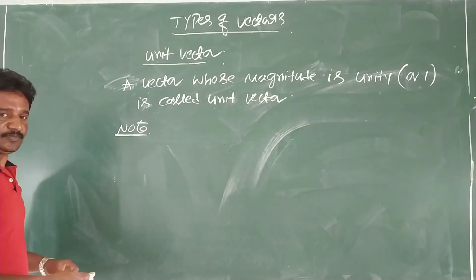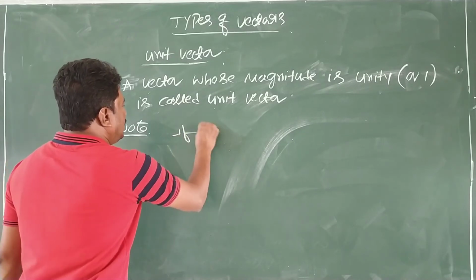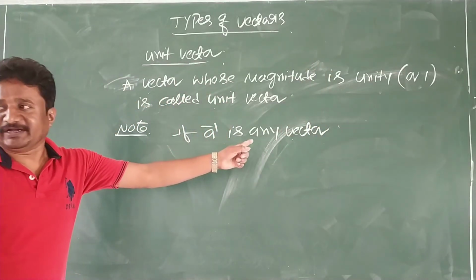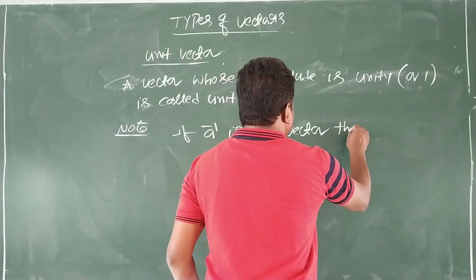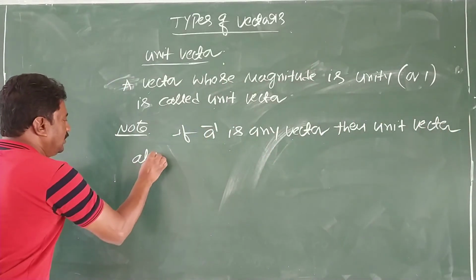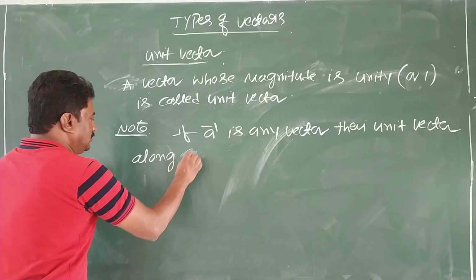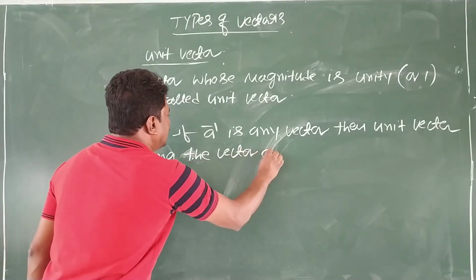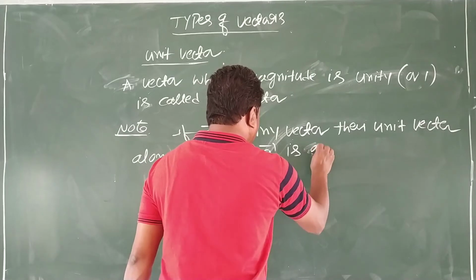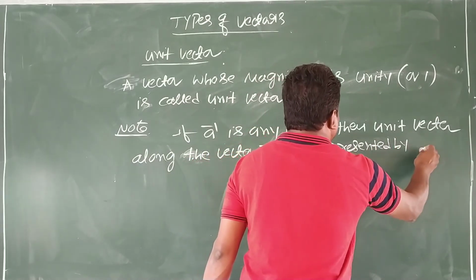Look at this, students. We represent, if A is any vector, then the unit vector along the vector A is represented by, or given by, A cap.